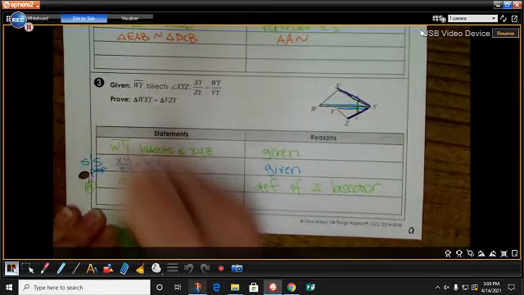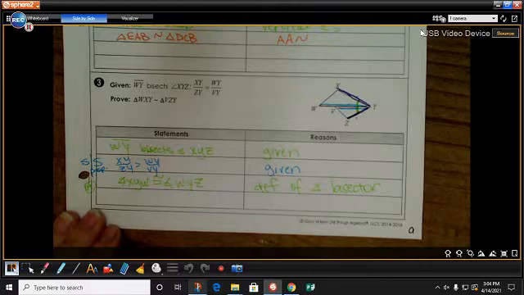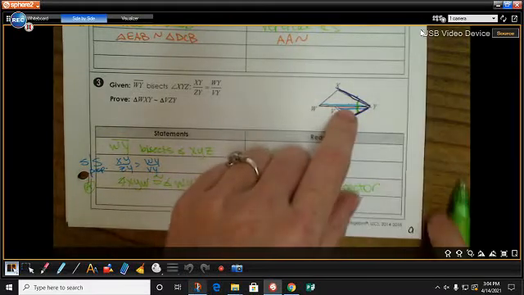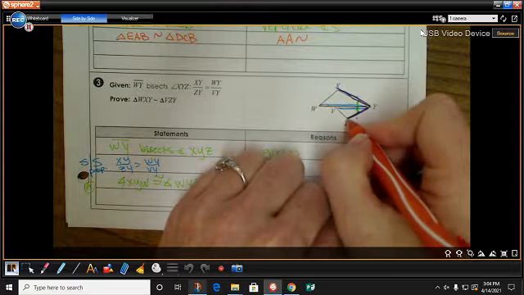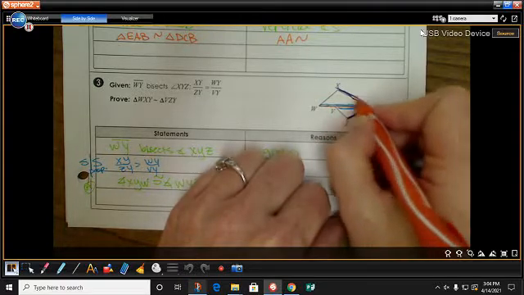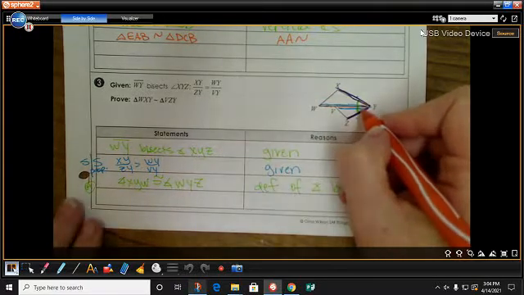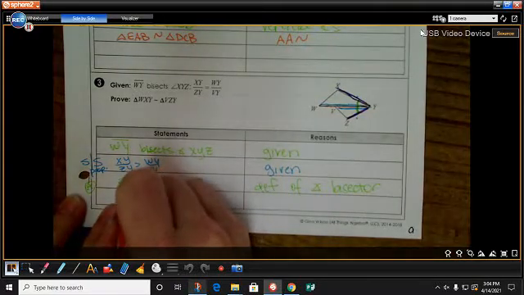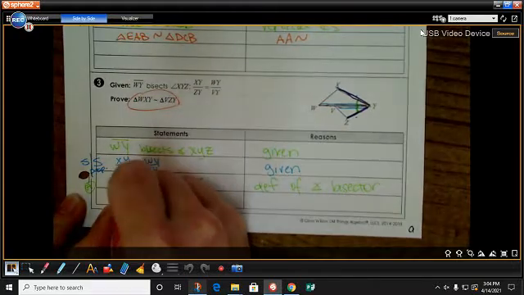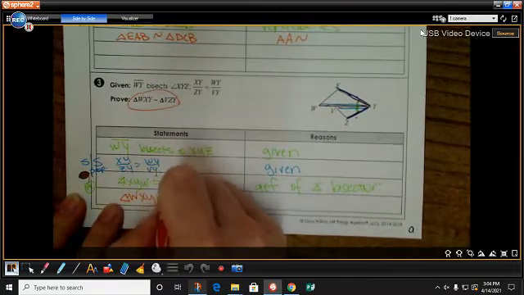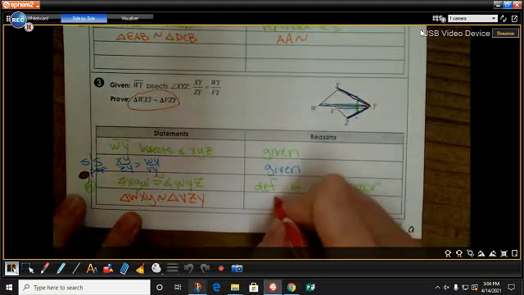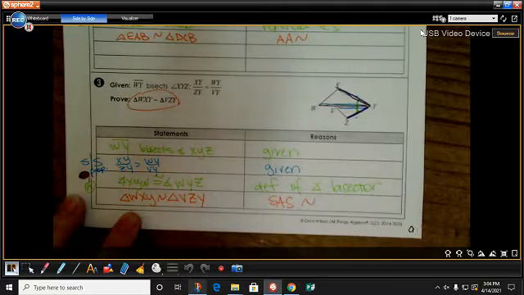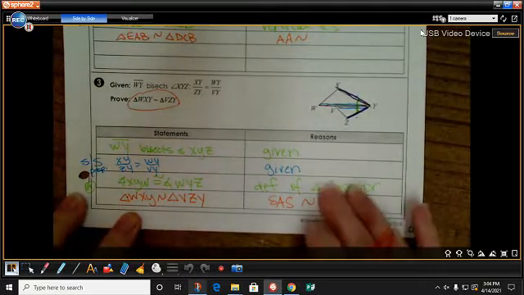Well, that gives me a set of angles being congruent now, and it is included between the two sides that are proportional. I have a side and the angle between them. So therefore, I can say that triangle WXY is similar to triangle VZY by side angle side similarity. Short and sweet.